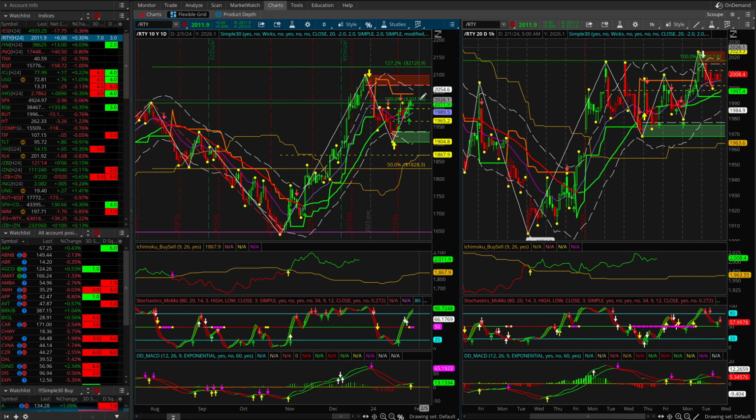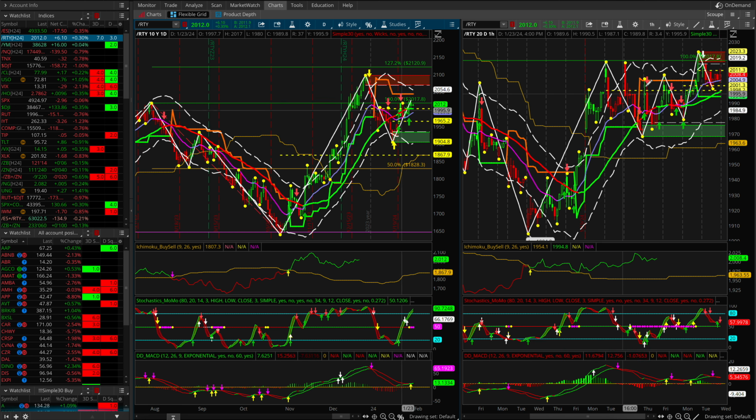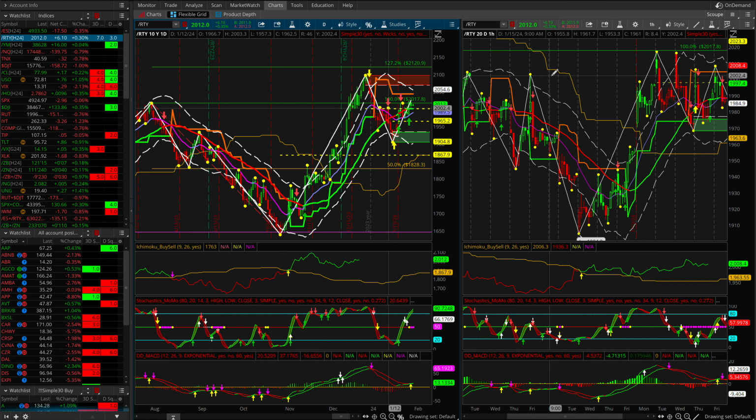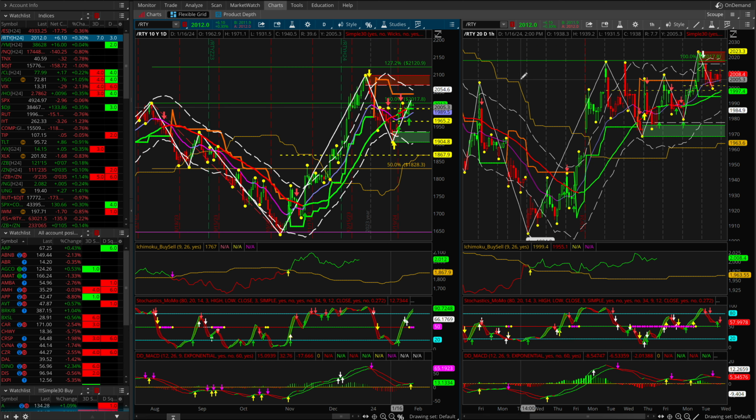And Fed day, like I say, is probably going to create some volatility. We've got higher highs and higher lows going on here from the breakouts back here on the hourly.